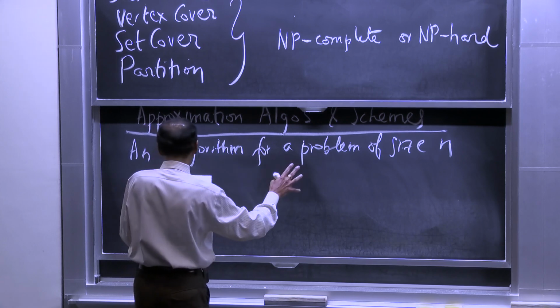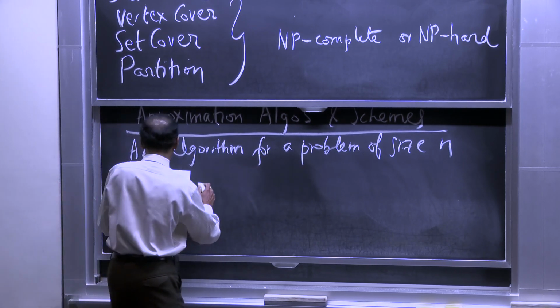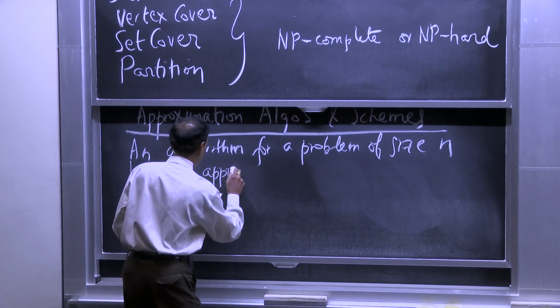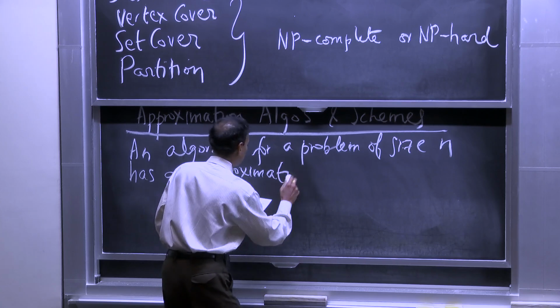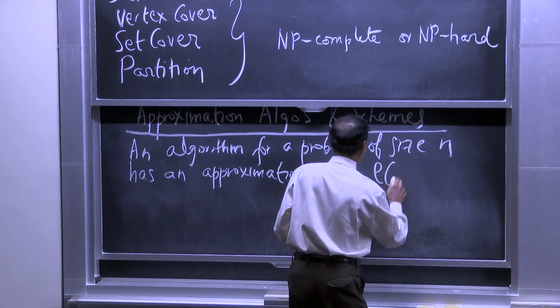You've got a problem of size n, and we're going to define an approximation ratio rho of n.